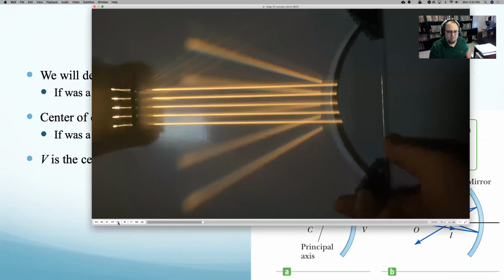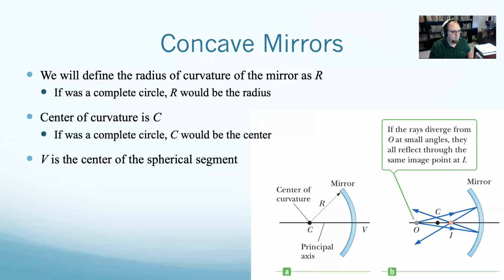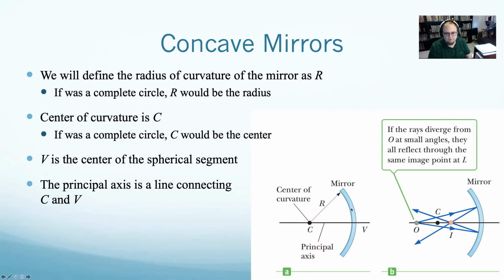Not the center of curvature, but the center on the actual mirror. If you draw a line connecting those two points, that is called the principal axis. The principal axis is what we're going to base everything off. It just goes from the center of the mirror through C.